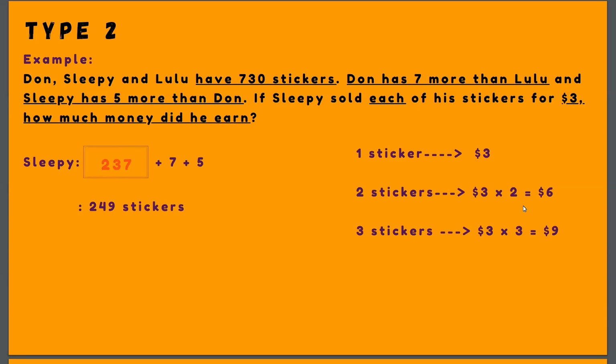If I sell 3 stickers, that is $3 3 times. 3 times 3, that's 9. Therefore, I do not have to divide. I have to multiply to figure out how much money I will earn. So 249 stickers, that's 249 times 3. So Sleepy has earned $747.